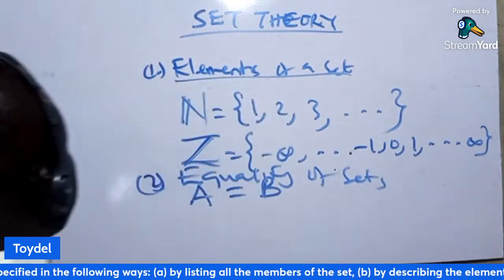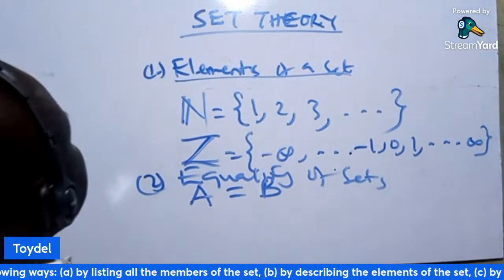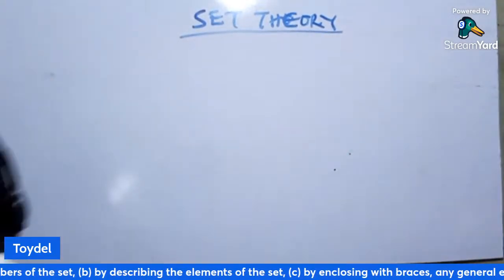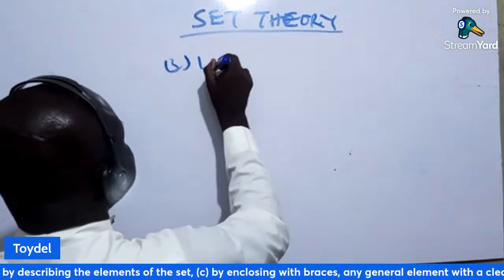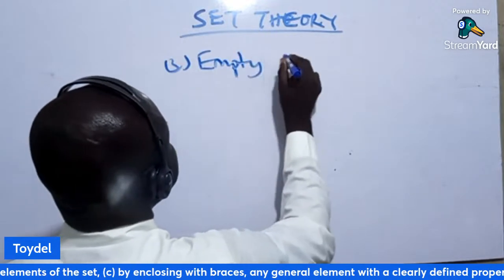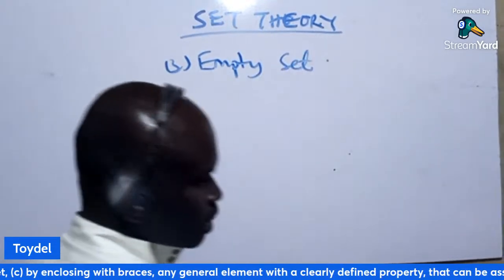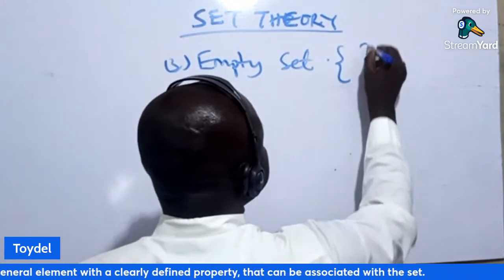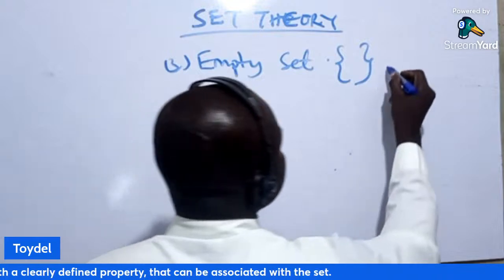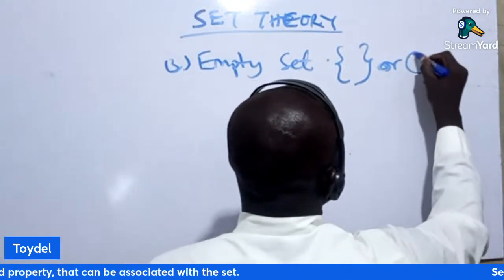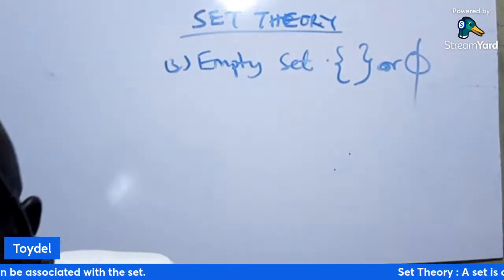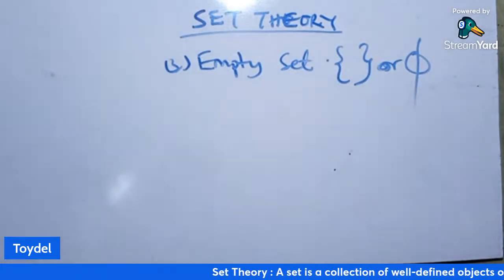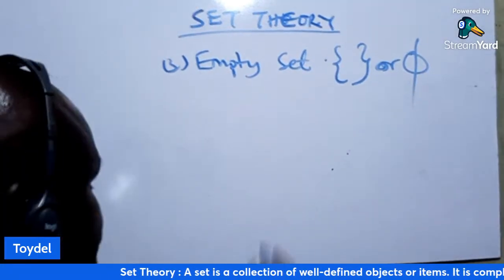Then we can talk about another concept, which is called the empty set. The empty set is the set that has no elements. This is the notation for the empty set, or you represent it as phi, as we have it on the board.